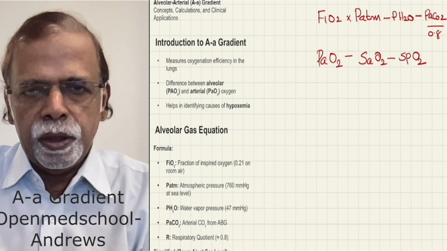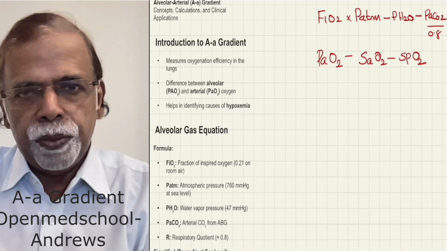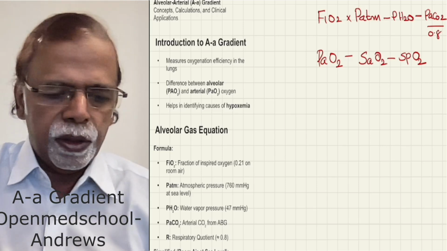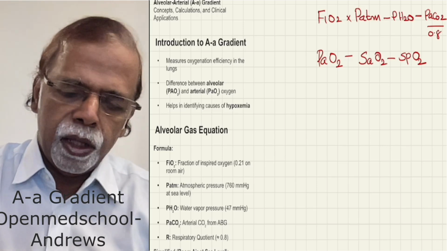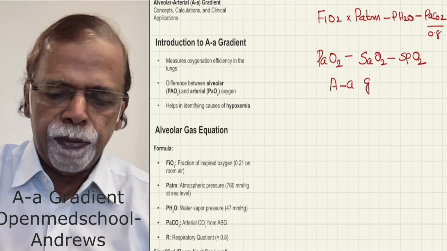SpO₂ is the percentage saturation of hemoglobin obtained by pulse oximetry. Today we will be discussing the calculation of the alveolar arterial gradient.